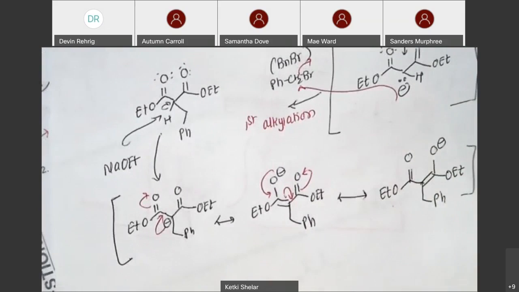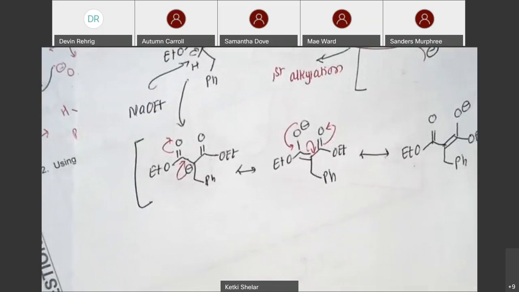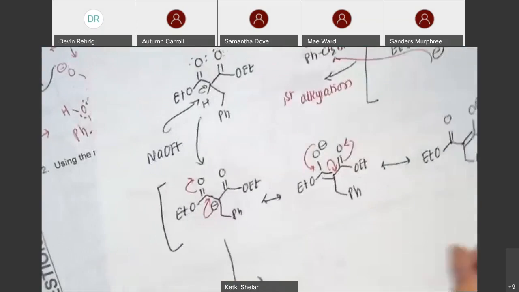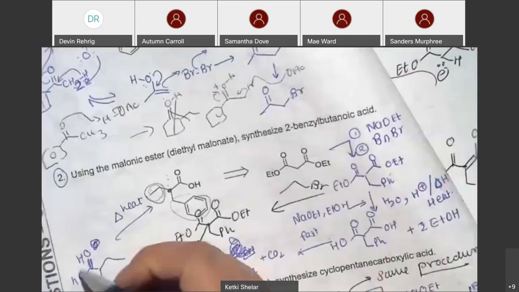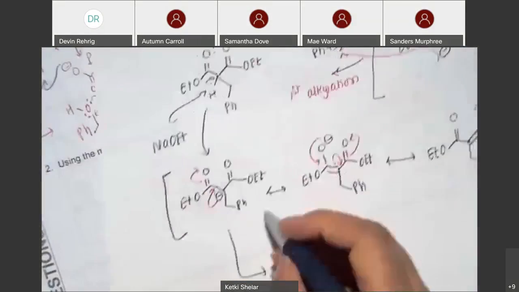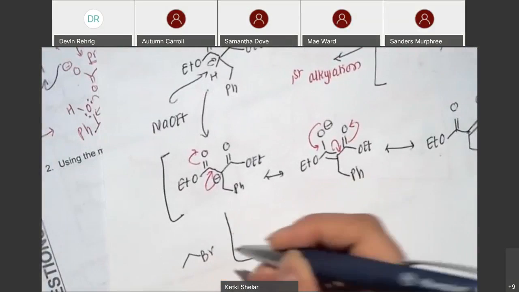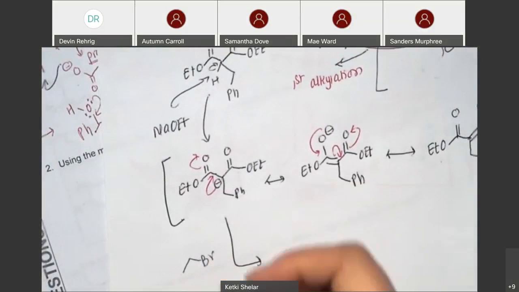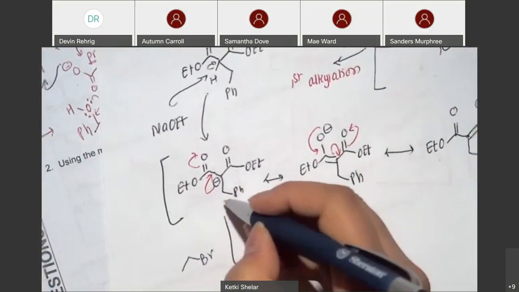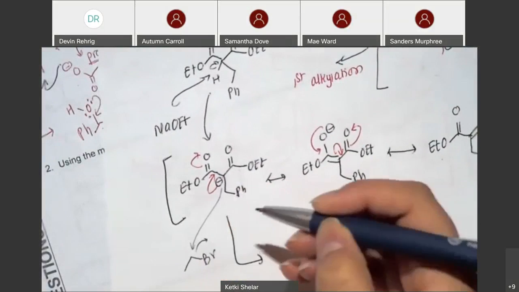Okay, but for our reaction, we need this resonance structure. So for the second alkylation, we have this compound like CH3CH2. So we need to add something like ethyl bromide. So what happens is that when this comes, it attacks here, and the bromide goes off.